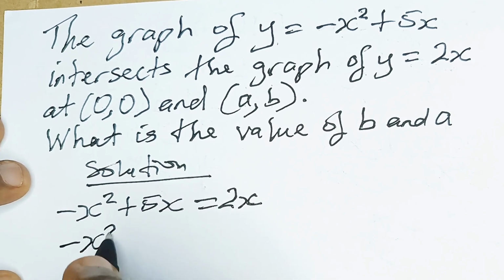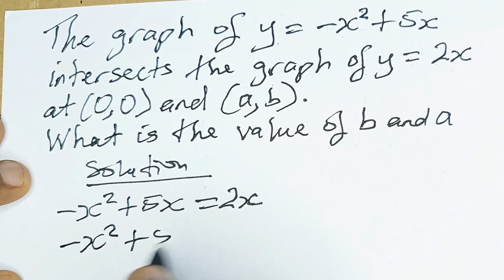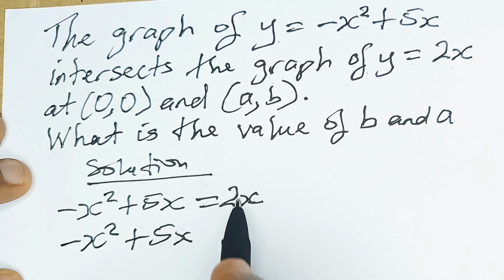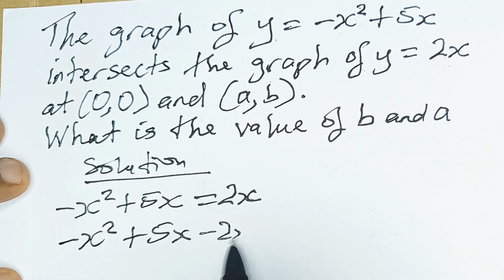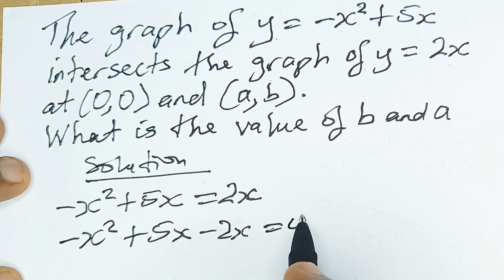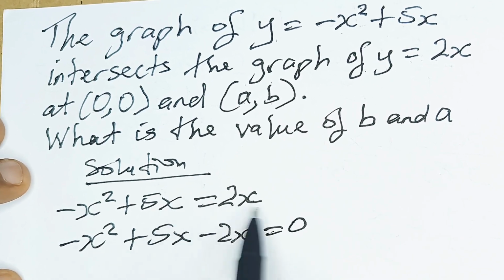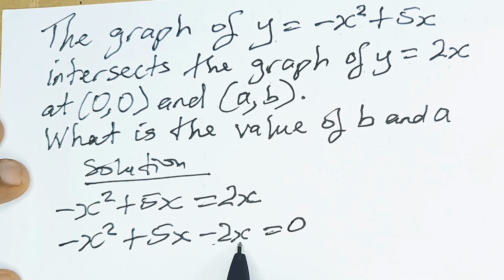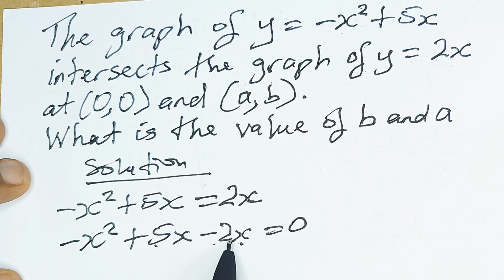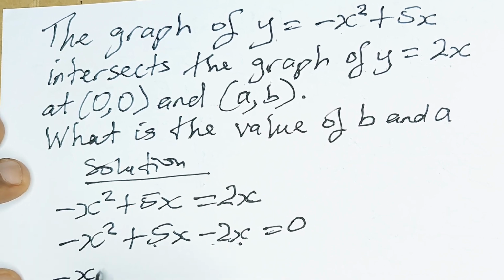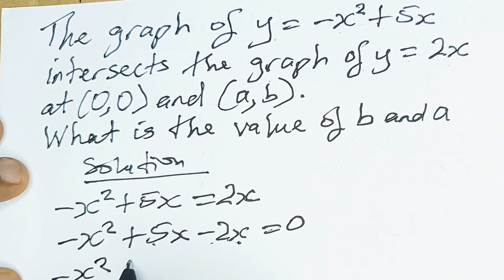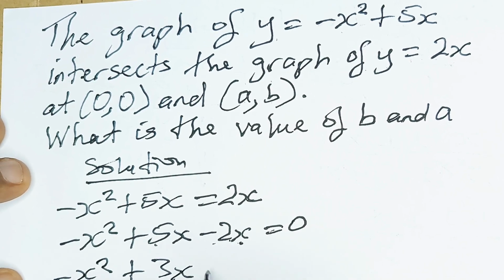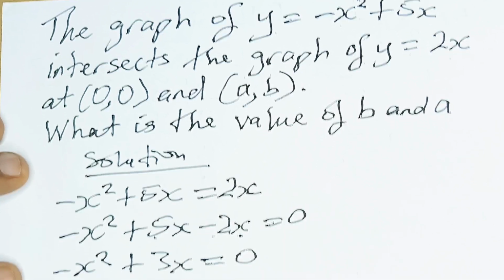Now minus x squared plus 5x, this comes over here, minus 2x is equal to 0. It means we have subtracted 2x from both sides, so it's equal to 0. So 5 minus 2, minus x squared plus 3x is equal to 0.